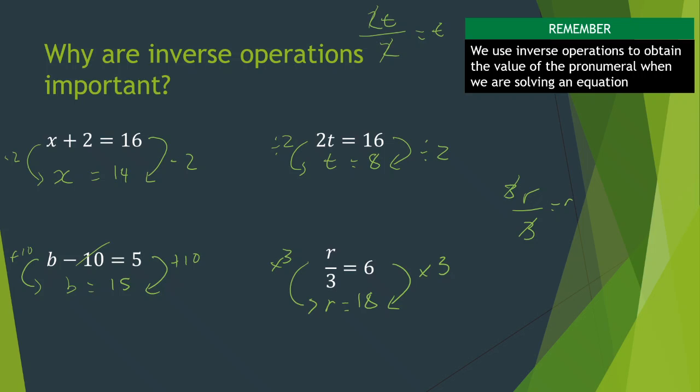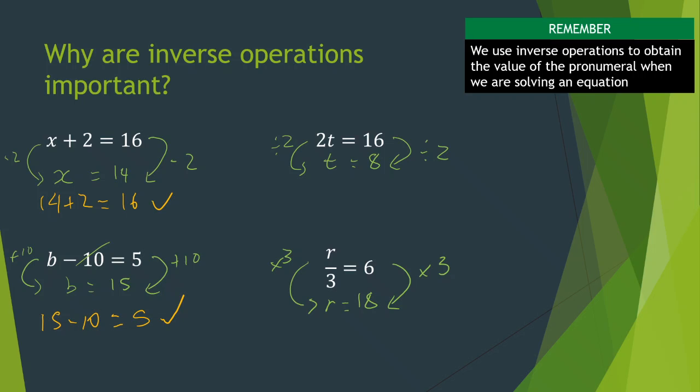Now the beauty about solving algebraically is that you can check if you're right or not. My x is 14 here, so 14 plus 2, does that give me 16? Yep, that's correct. My b is 15. 15 take away 10, does that equal 5?